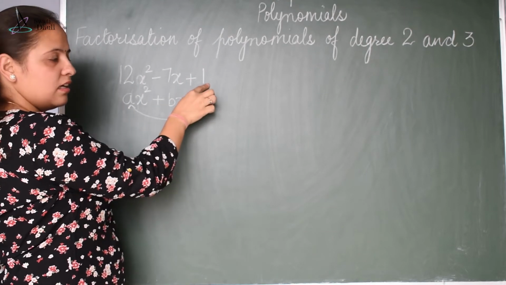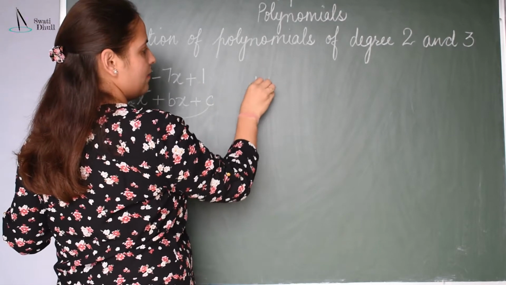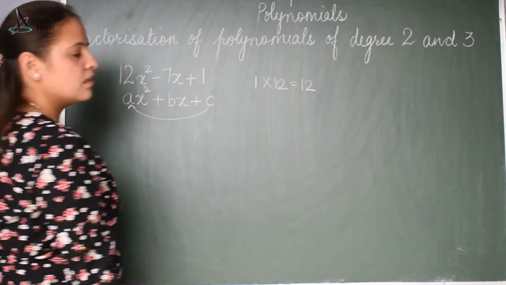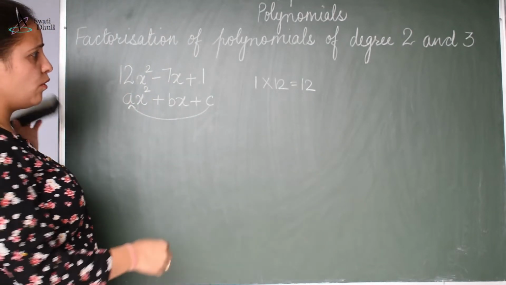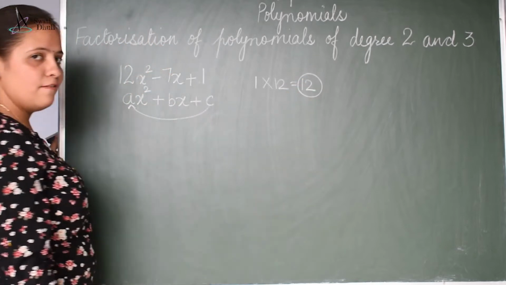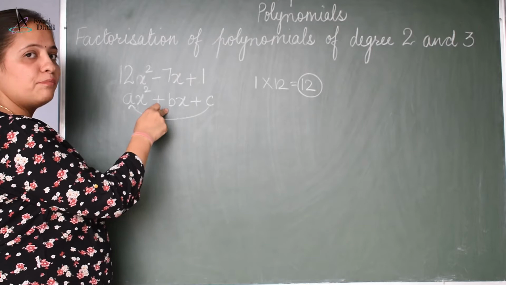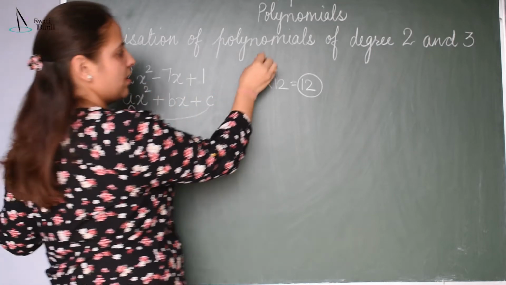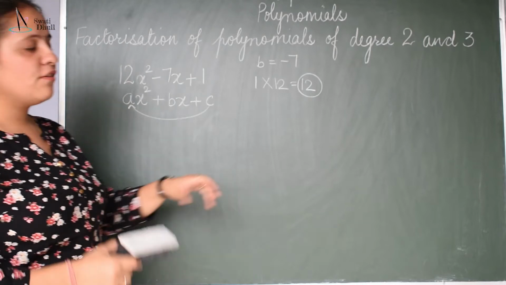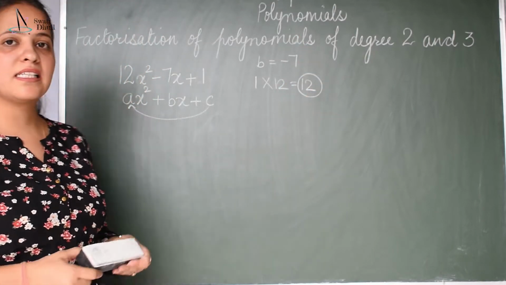So what is c here? 1. And what is a here? 12. So I will multiply 1 into 12, I am getting 12. Now I have to make the factors of 12 such that you will get the value of b, that is minus 7. So what are the factors of 12 such that I will get minus 7?